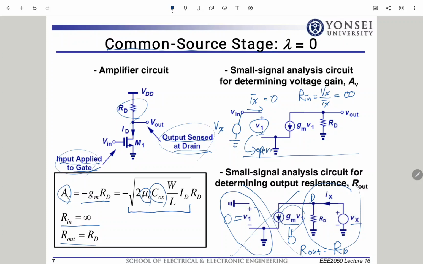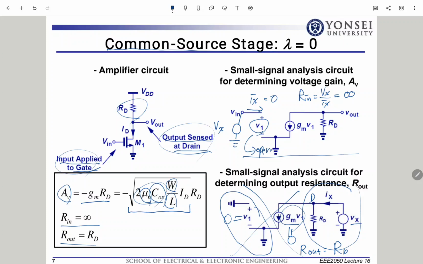Mu and Cox depend upon the processing parameters, the doping and process, oxide thickness, and so on. But we can precisely control the dimension of the transistor, width and length.